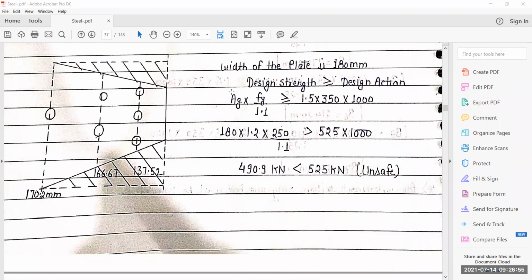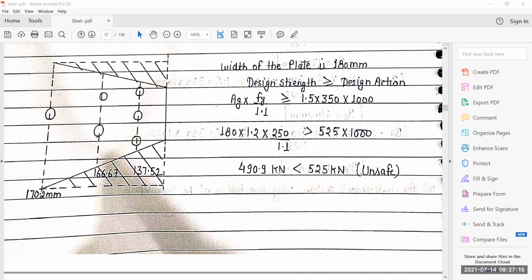Okay, so the design strength is greater than 1.5 into 350,000. Same condition: 180 into 1.2 into 250 upon 1.1 is greater than 525 into 1000. You get the result 419.9 kilonewton, which is less than 525 kilonewton. This is the unsafe zone.